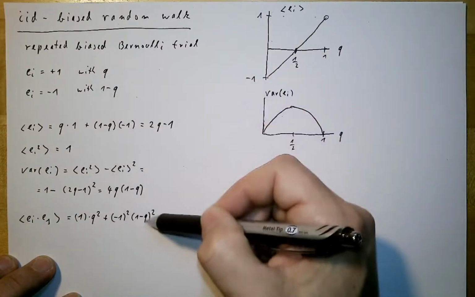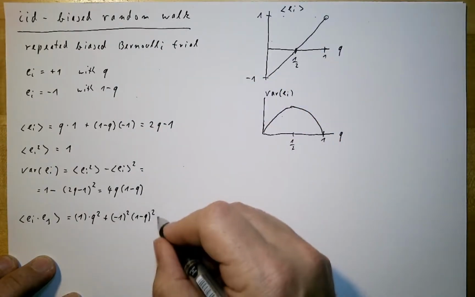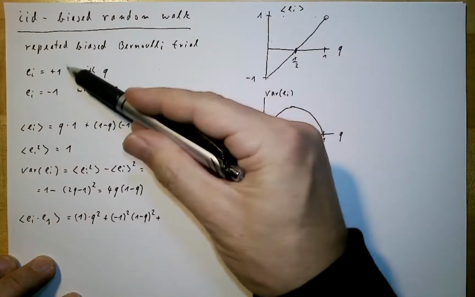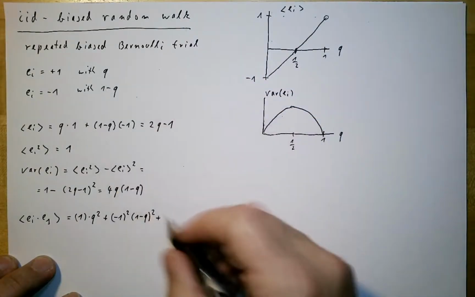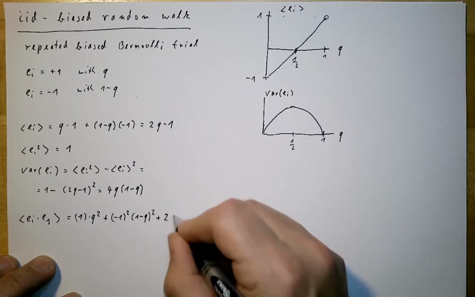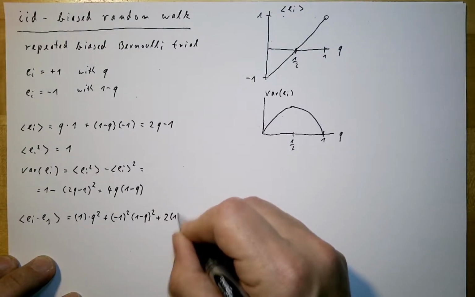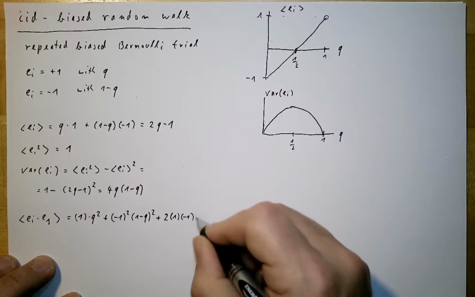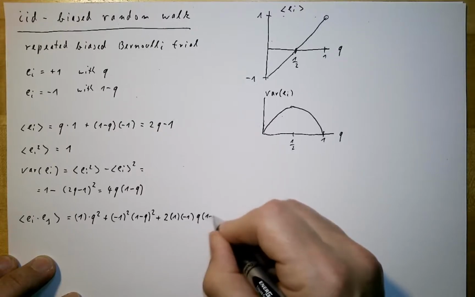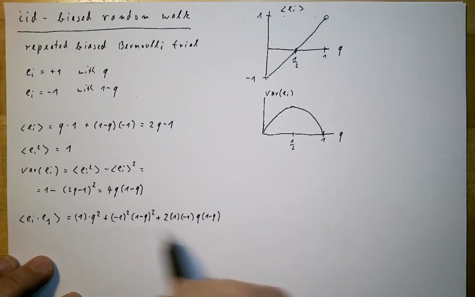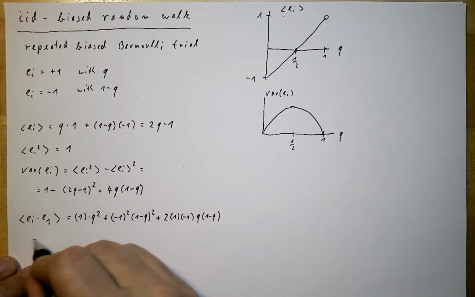And then we have the chance that one increment is positive and the other is negative, so this is 2 times 1 times -1 times q times (1 minus q). That's all four possible cases.